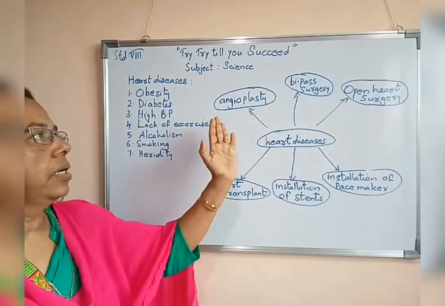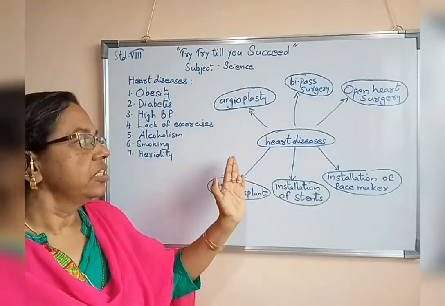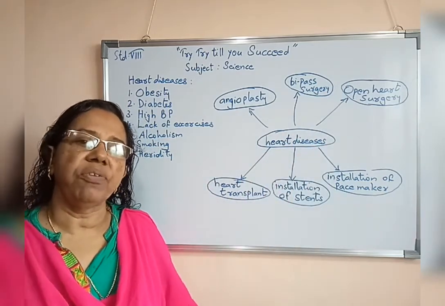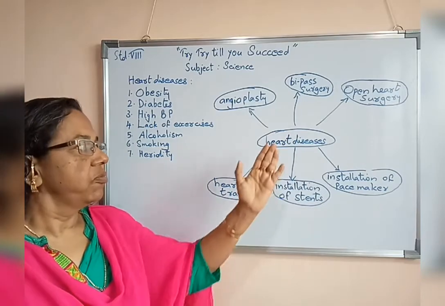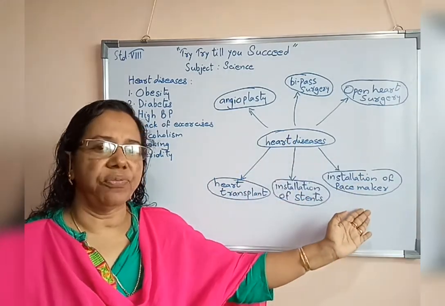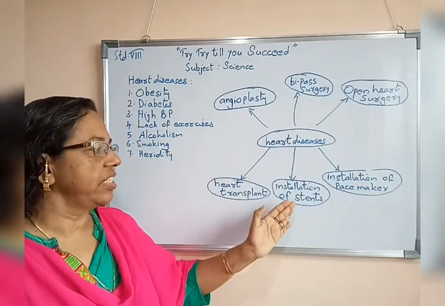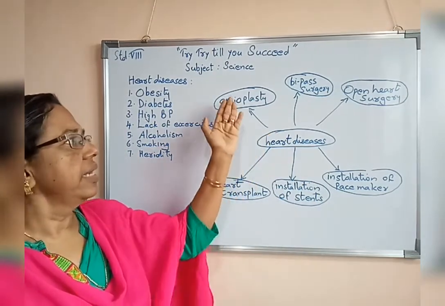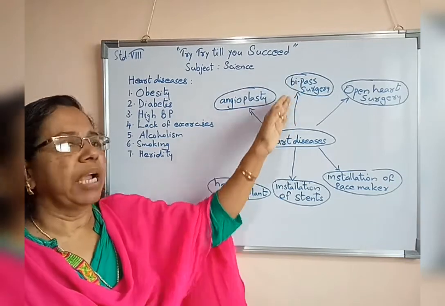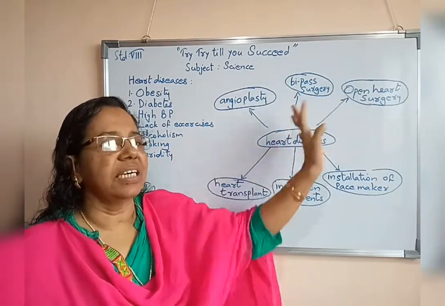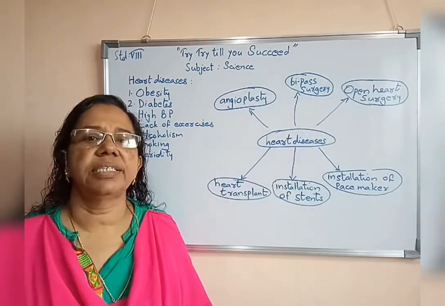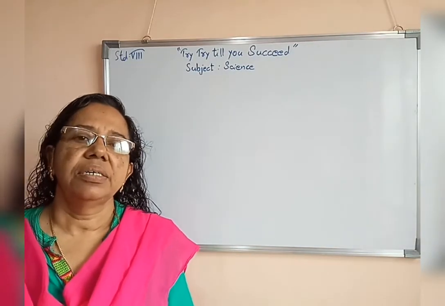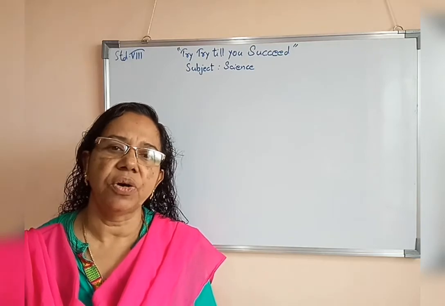You need to study only the names here. So, how do we get cure from heart diseases? By doing various operations. Examples: installation of a pacemaker, installation of stents, heart transplant, angioplasty, bypass surgery, then the last one, open heart surgery.